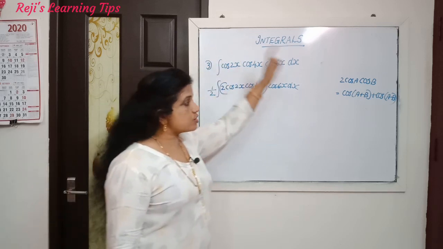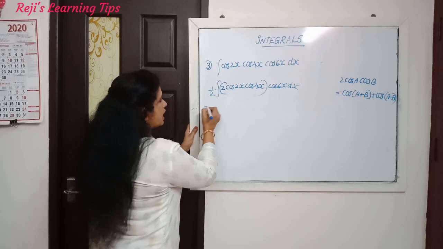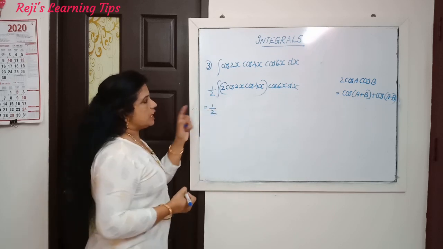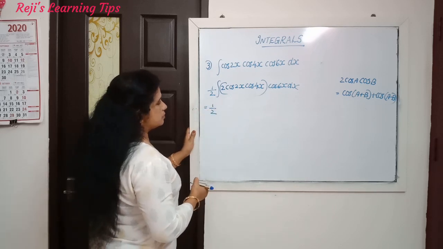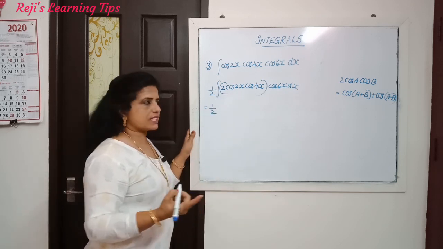Then we should use this identity. Then we can write 1 by 2 into the integral of 2 cos 2x cos 4x.